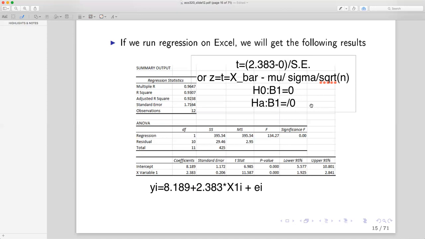Remember in the previous cases, when you find the t-stat and p-value, we need to have a hypothesis, but almost 100% of the time, at least in this course, you're estimating against this one. So your hypothesis is whether the coefficient beta 1 equals 0 or not.